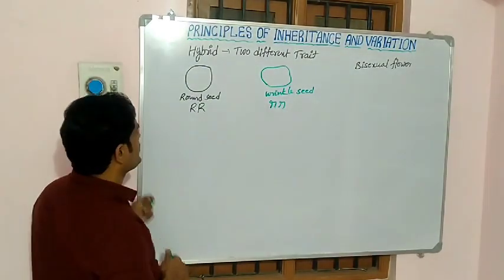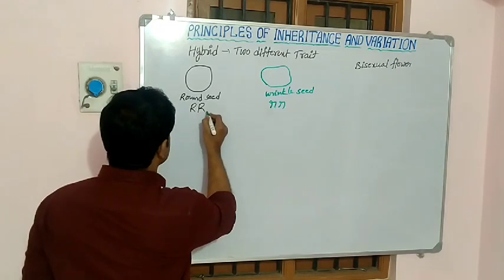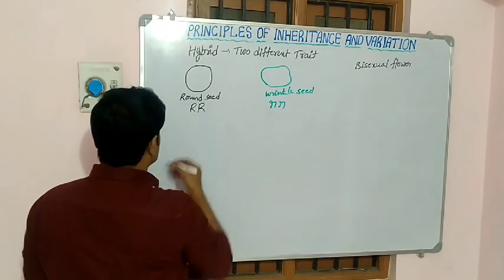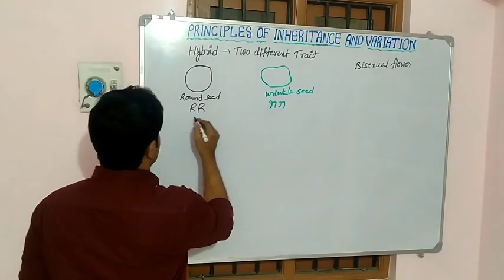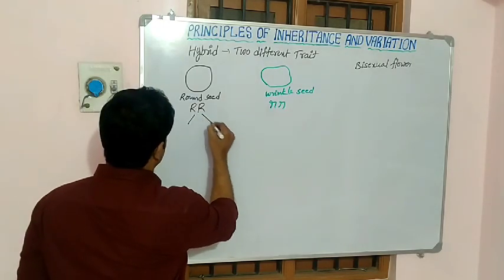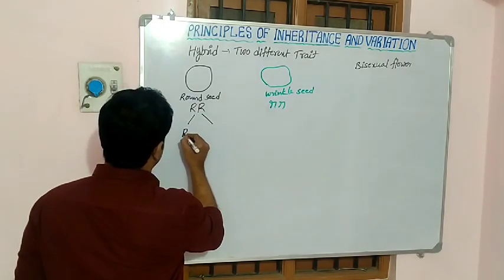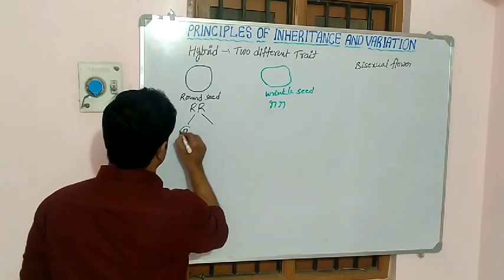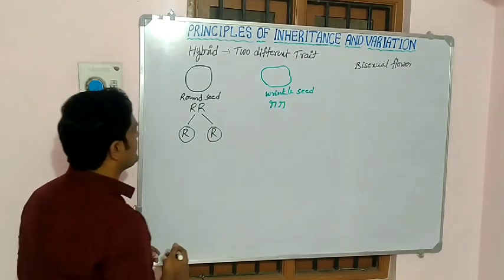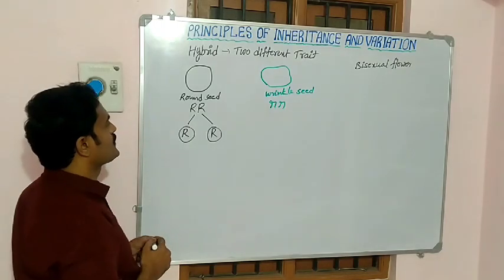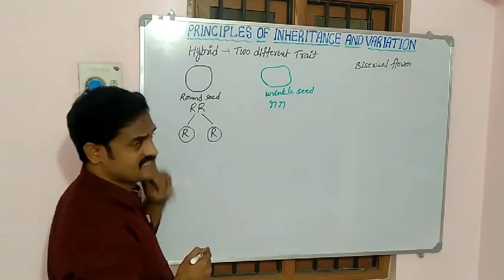Okay, coming to the point. Then from these plants two gametes will form. See what kind of genes are present here? Capital R and capital R. Two gametes are produced from these genes.